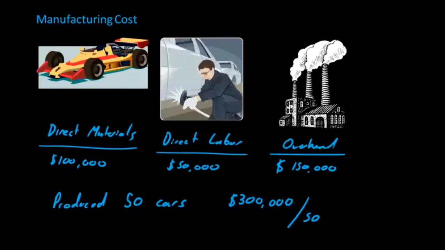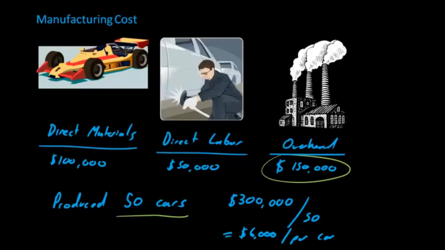Divided by 50, you get 6,000 per car. So it's costing us $6,000 for a car. In this case, we ended up allocating this $150,000 overhead equally across the 50 cars produced, and that was because the 50 cars were identical. They were all exactly the same.